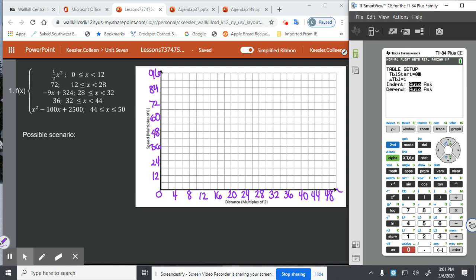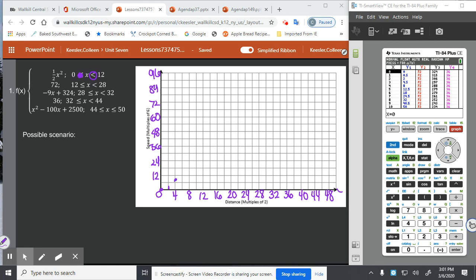I'm going to start at 0, so I'm starting at the right point. So our first one, we're going to start with the column in blue from 0 to 12. Remember that if you have a less than or equal to sign, that's going to be a closed circle, where if it's just less than, we put an open circle. So for the first part, from 0 to 12, we have 0, 0. Skipping to 2, we have 2, 2. Then we have 4, which is 4, 8.